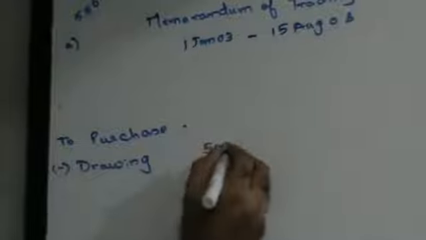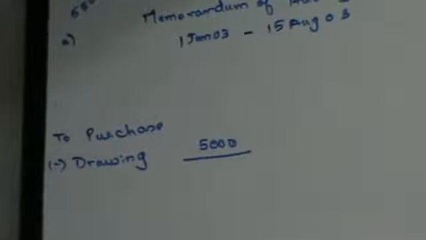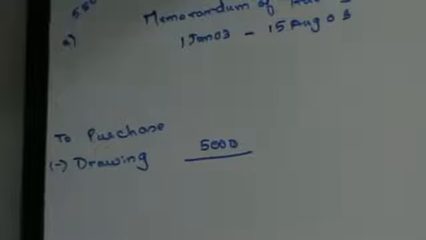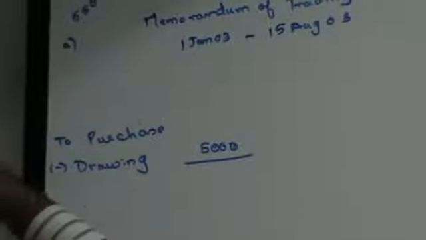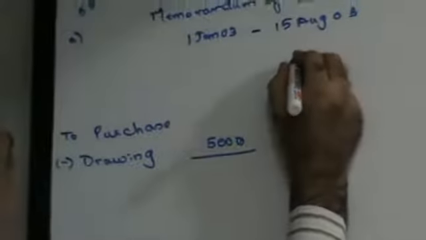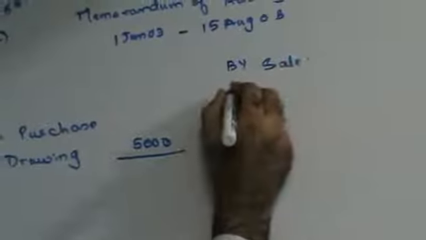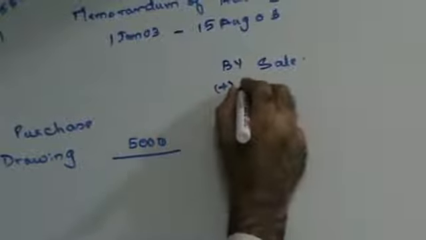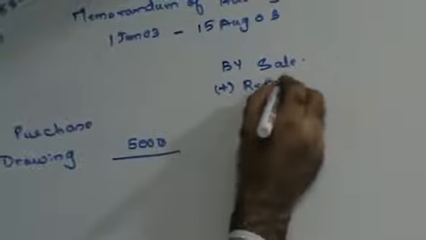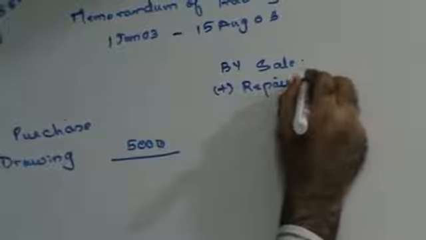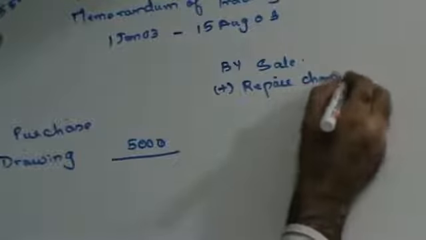Goods costing 5,000 were used by Bipin. Moreover, they are saying that goods of sale price 500 were given to Anil. So he has made some sale plus he has paid repair charges by goods of 500 rupees.